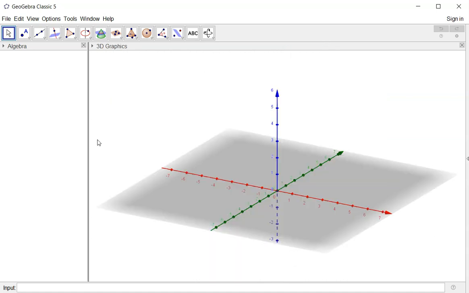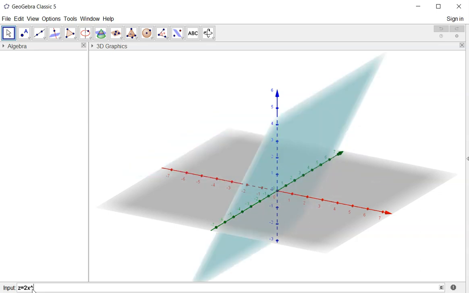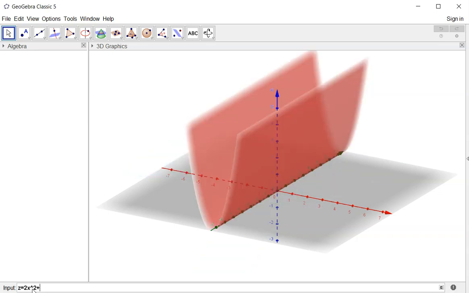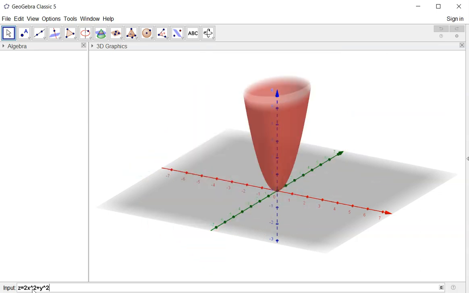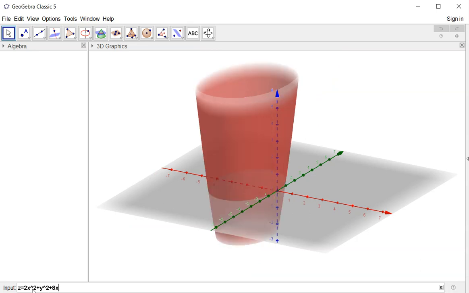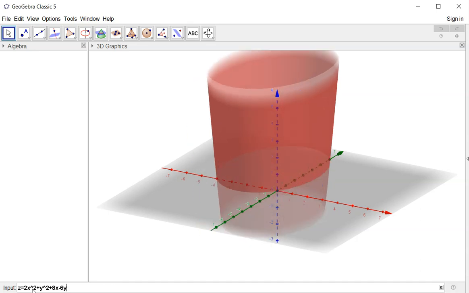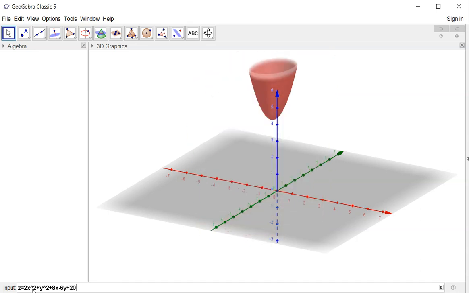All right, so let's type in the function here: z = 2x² + y² + 8x − 6y + 20. So it looks like that.